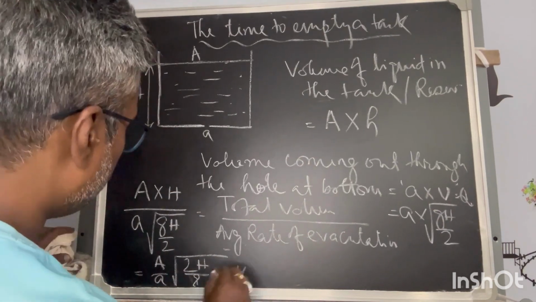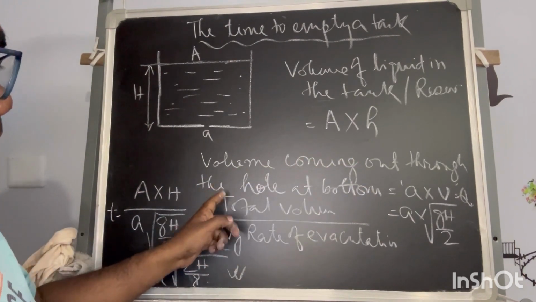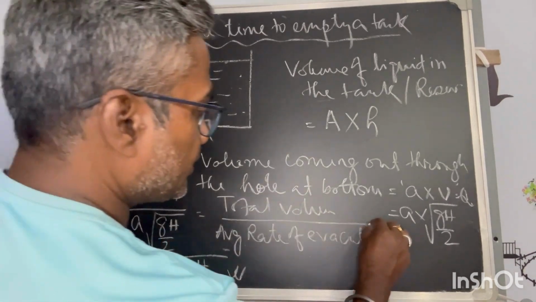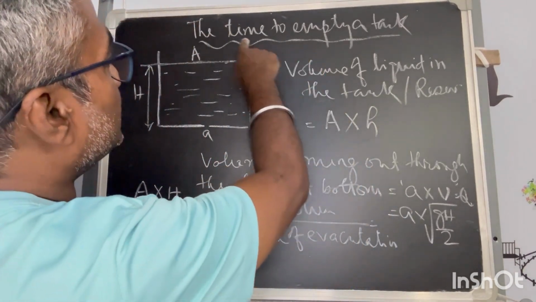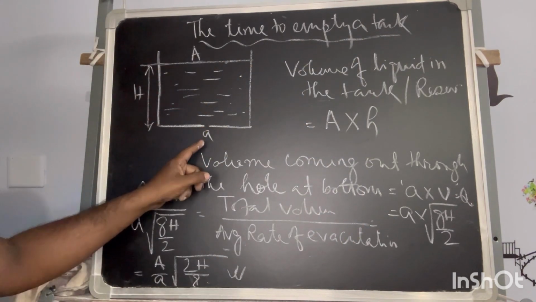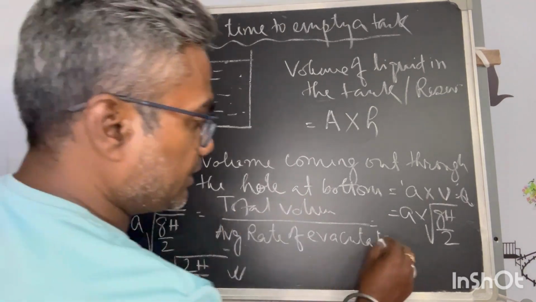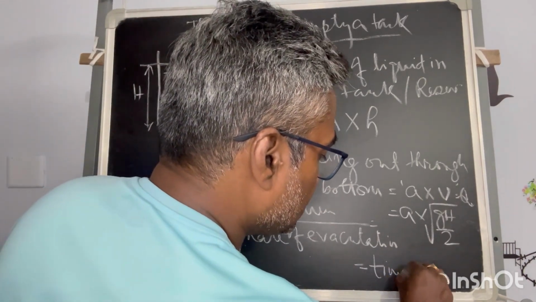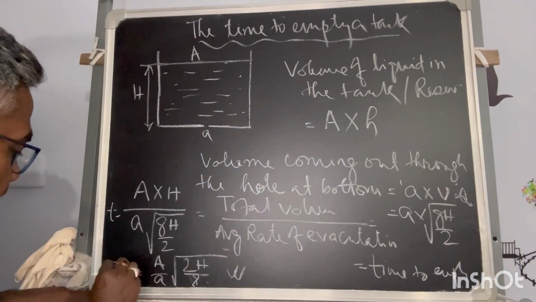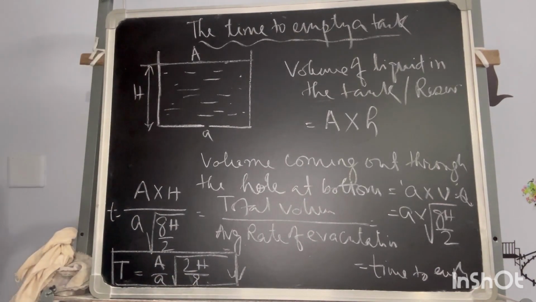So this will be the time, because the total volume by the volume flow rate will give you the time to evacuate. This is the complete volume, and this is the volume flow rate. If I divide the total volume with the volume flow rate, we will get the time to empty. This is the formula. Understand?